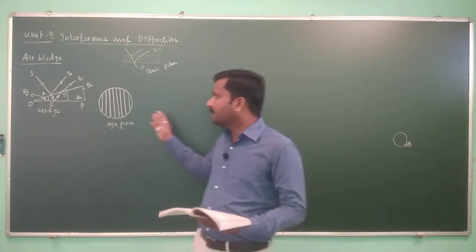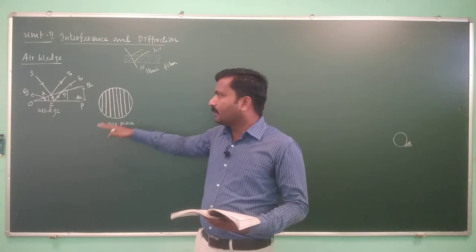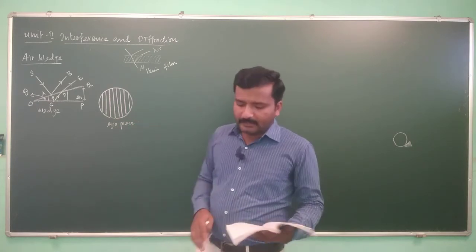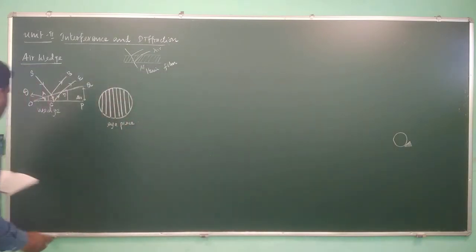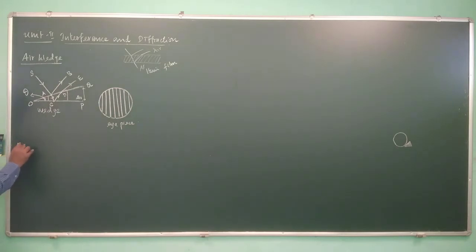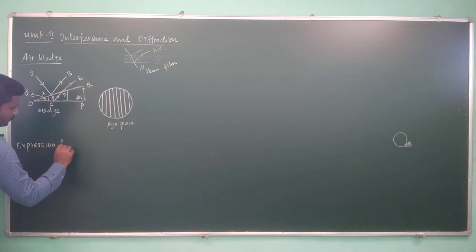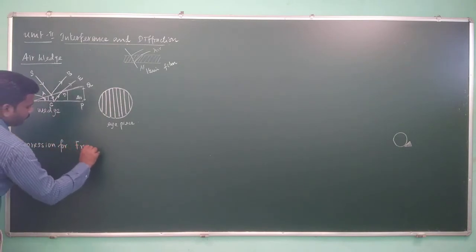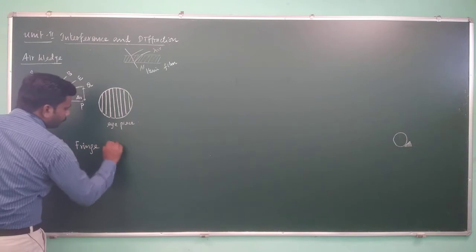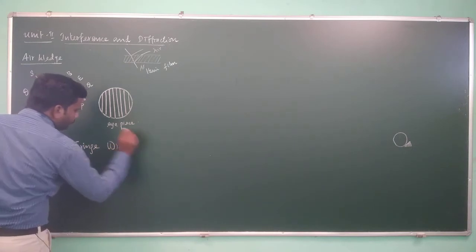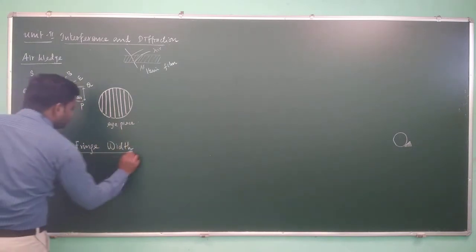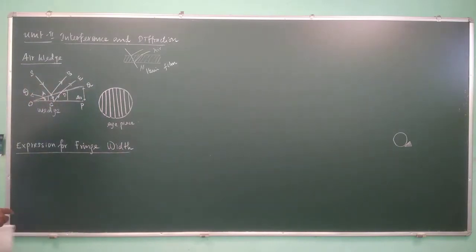We are applying that condition to the air wedge, and we are going to derive now the expression for fringe width. We will start from the condition for the dark fringe.